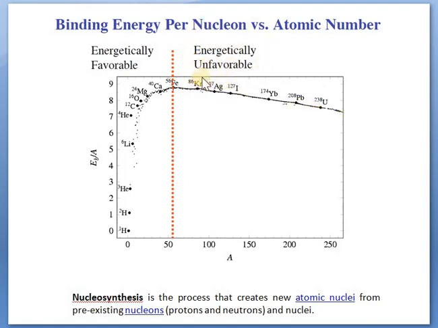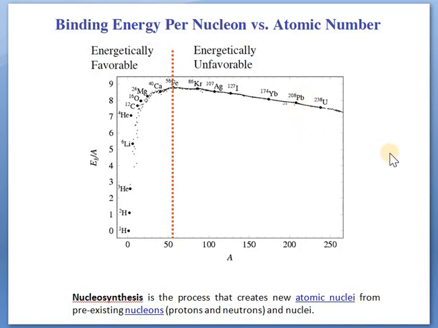Now the question is, how are these elements then created? We will talk about it later on, and just to give you a hint, it is basically the neutron capture process which is responsible for these nuclei.